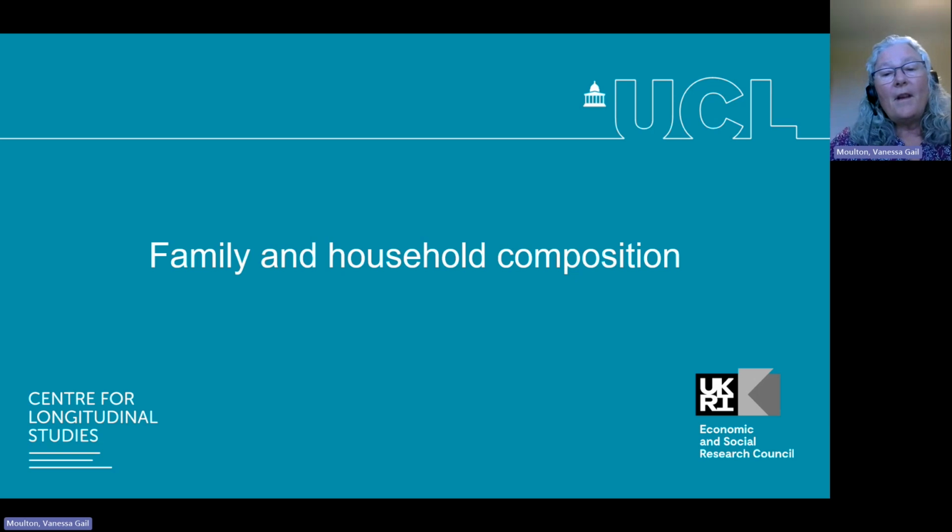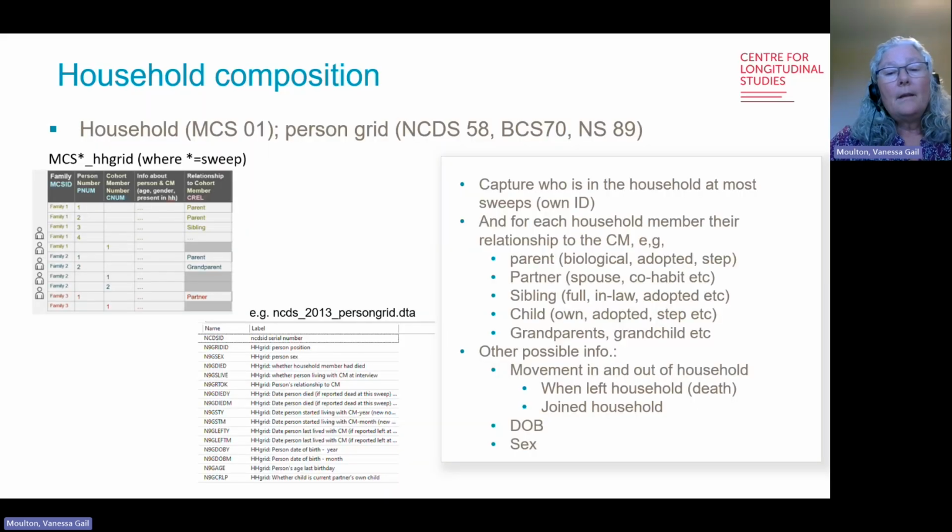Across all cohorts, as I've mentioned, we look at household composition and family relationships at most sweeps. An important part of the surveys is capturing household composition. We identify who is in the household, and each individual has their own ID.